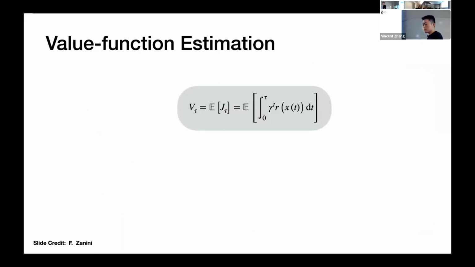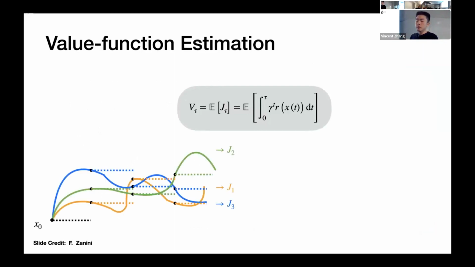Okay, so just taking a look at the value function estimation. It's the integral of some instantaneous cost, and the expectation is with respect to some noise, and that noise was introduced by the Wiener process that I talked about.